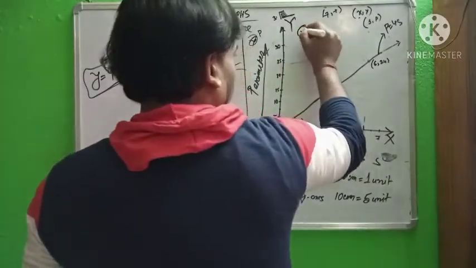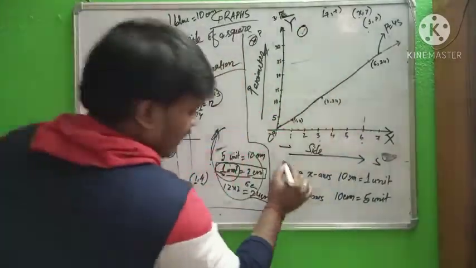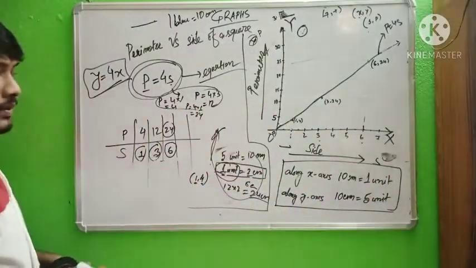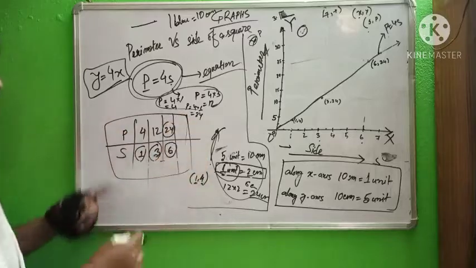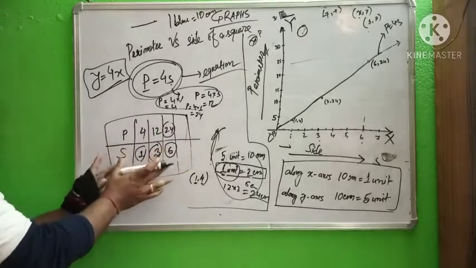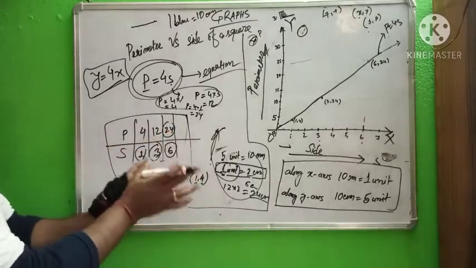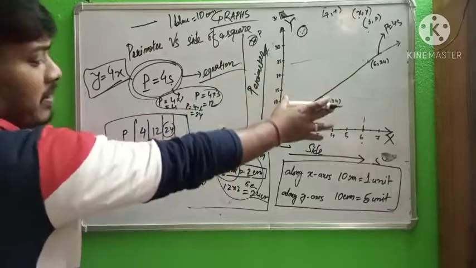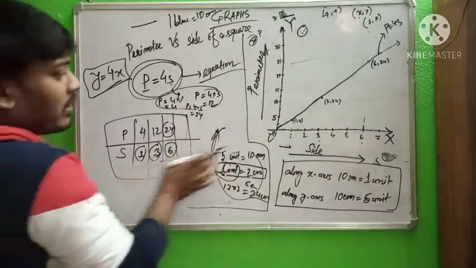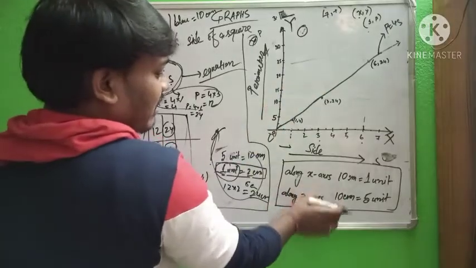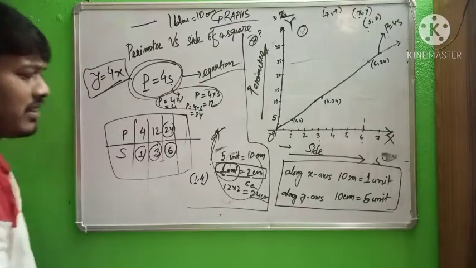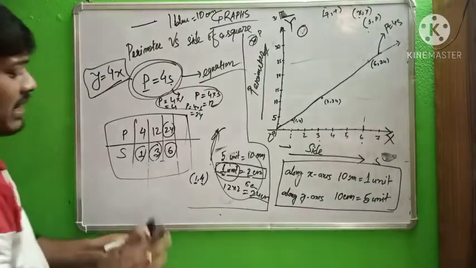We have to write these values. We find these values not on graph paper. In your copy we only draw the values, and you can write the scale at the bottom of the graph paper. It is very easy. So one type of question I covered here.